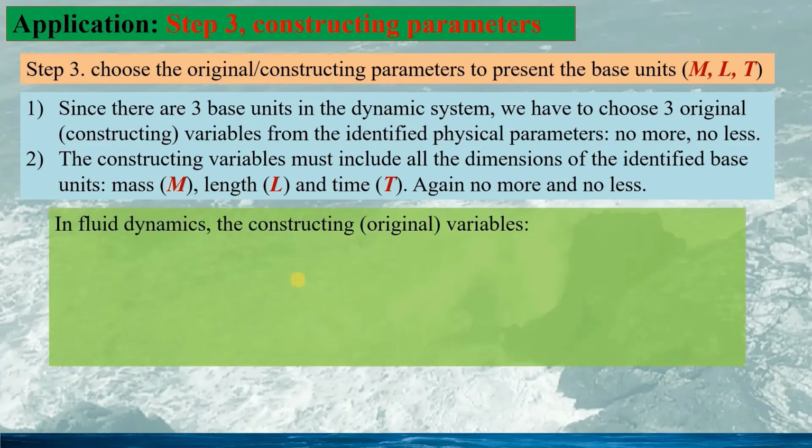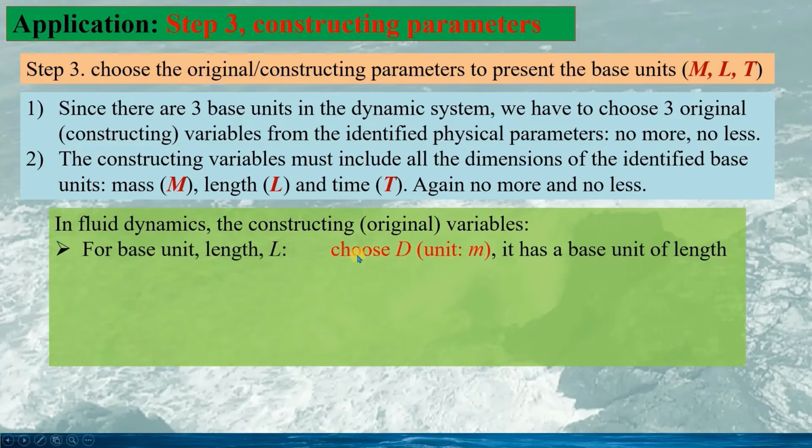In fluid dynamics, for most cases, we can choose the constructing variables as follows. For the base unit length L, we can choose D, the diameter of the pipe, or in many fluid dynamic problems, the general length of the structure in the fluid. This is generally the first constructing parameter we have to choose because it has the base unit of length.